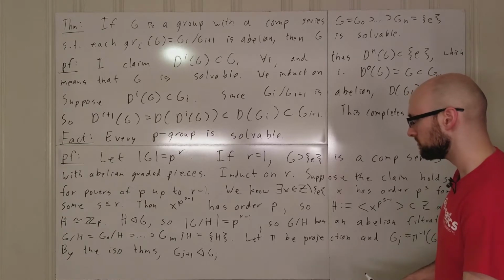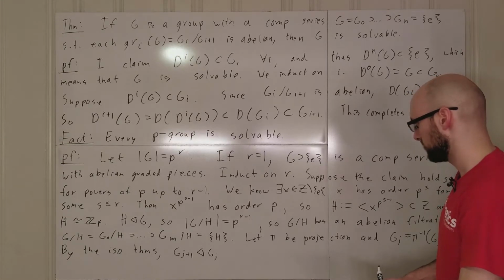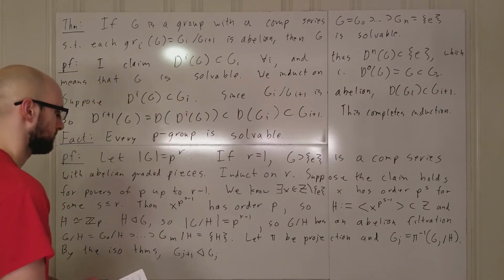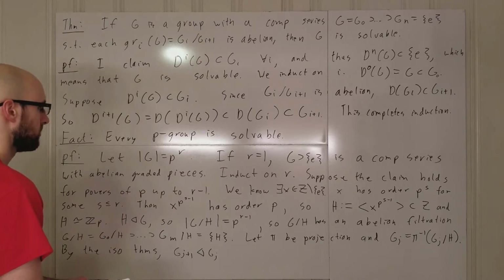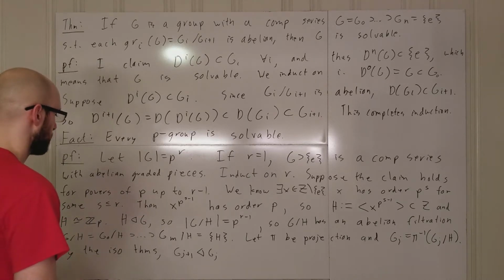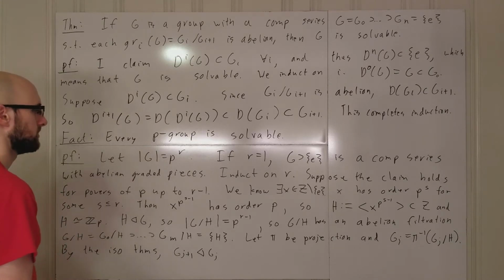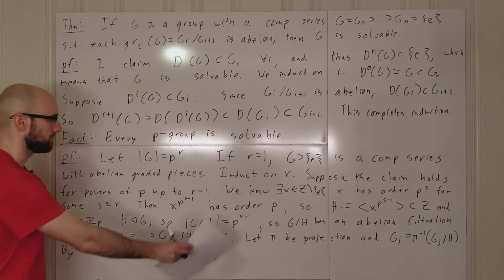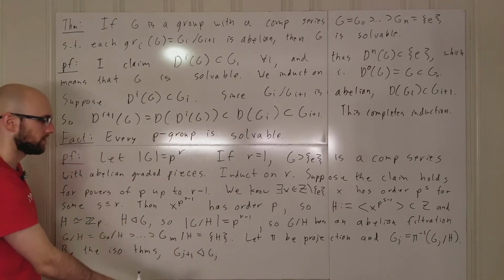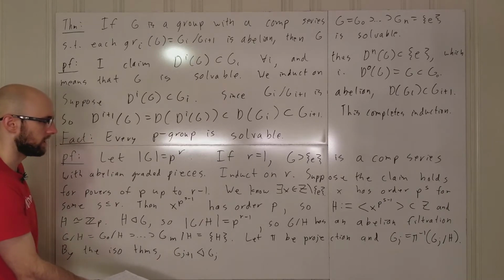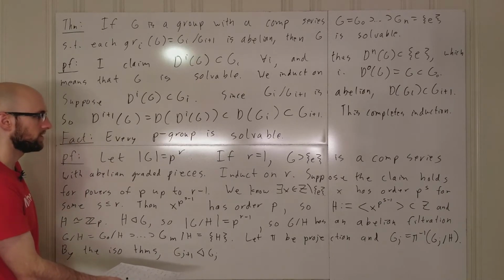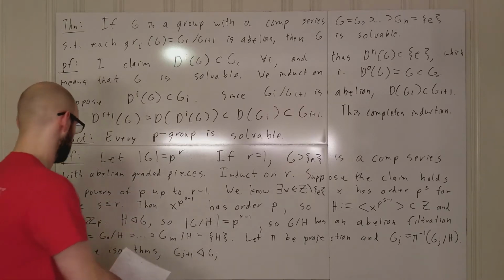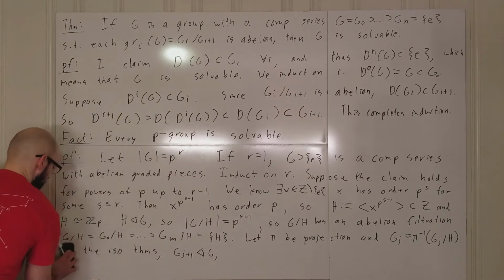And so, let's see here. Right, so, well, maybe this isn't the isomorphism theorems. We know that Gj plus 1 mod H is normal in Gj mod H, and so if you conjugate elements, here, let's write it out.